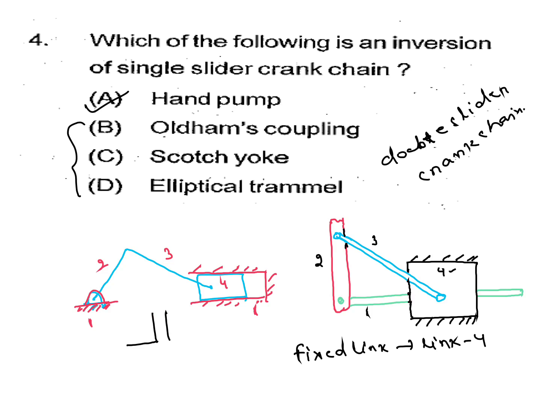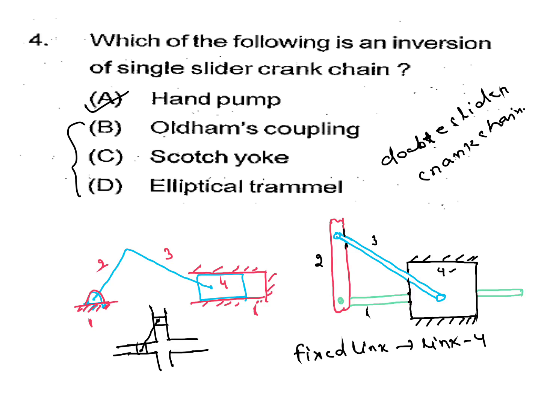Two sliders are there on the connecting rod. So here, the inversion of single slider crank chain as an example is hand pump. Its fourth inversion, where the fixed link is link 4, or the slider is fixed here.